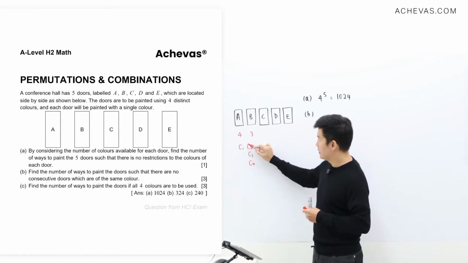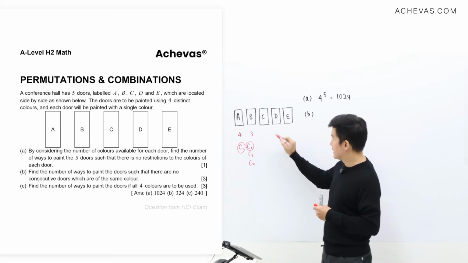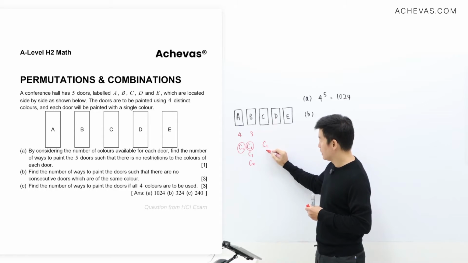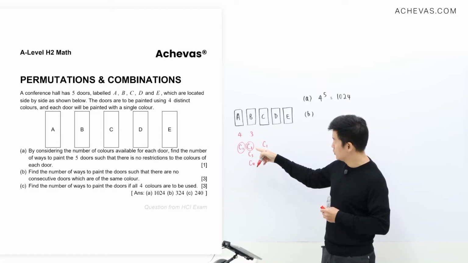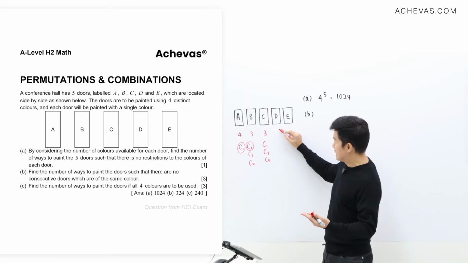Then let's say after I've chosen C1, I've chosen C2, which means that for door C, my options will be C1, then C3 or C4, because the previous one is C2. So I have another 3 options. The same actually goes for here, isn't it?